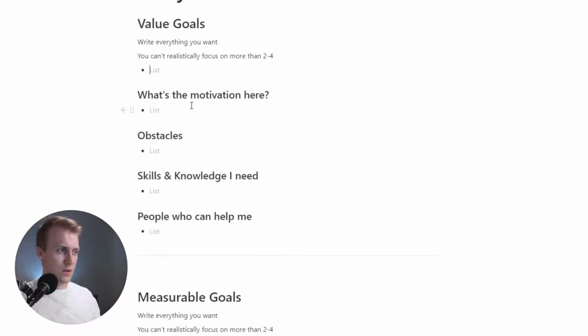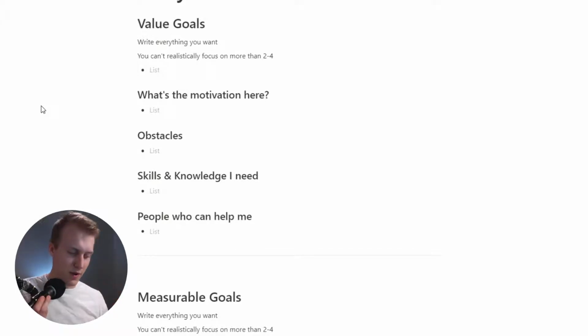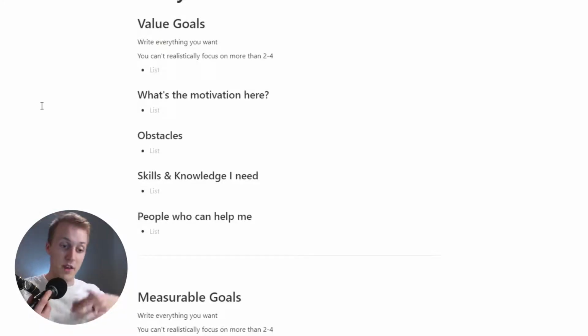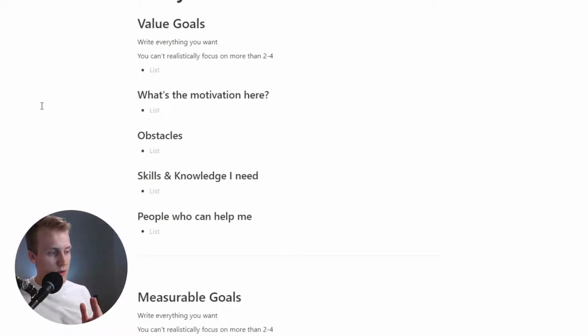These are the goals I want to accomplish. What's the motivation here? Now we're talking like a little director. Because if we have the goal, we want to achieve the goal, we want to be the best in our field, the number one ranked person, the best wedding photographer in the state of Virginia, whatever the goal is, how big or small, what is the motivation here? Why?